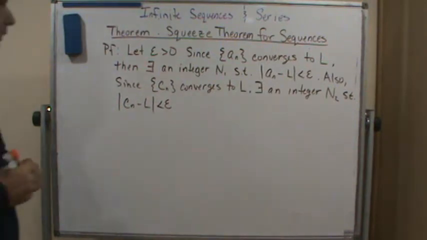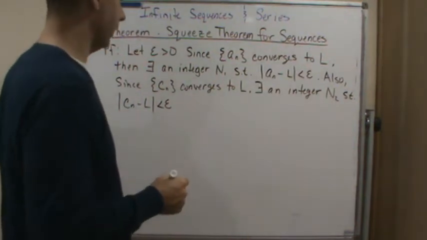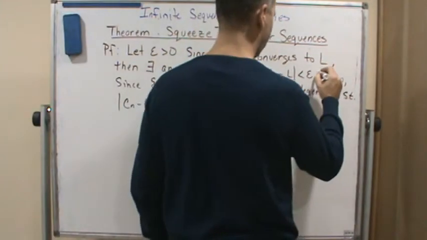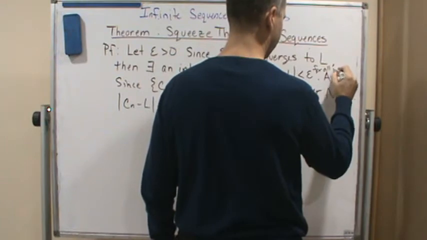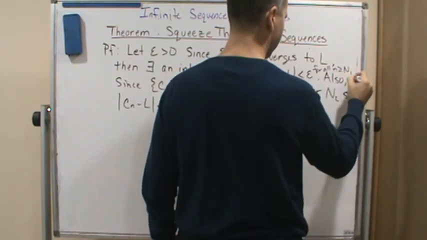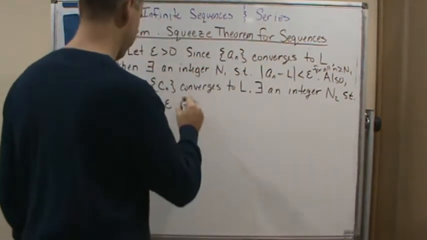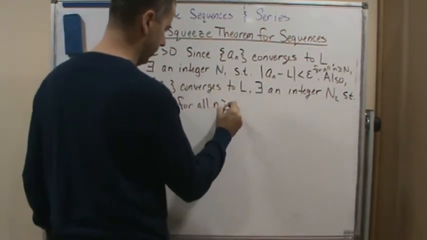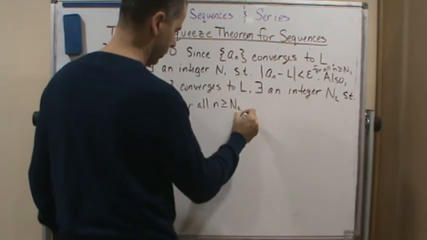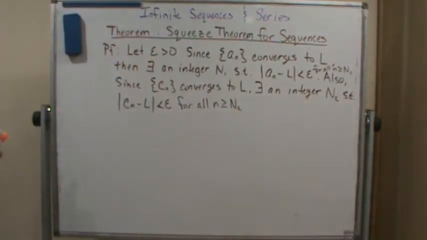Oh, hold on, I keep forgetting this: for all n greater than or equal to n1, and for all n greater than or equal to n2. So for both of those, all we're using is the definition of a convergent sequence.